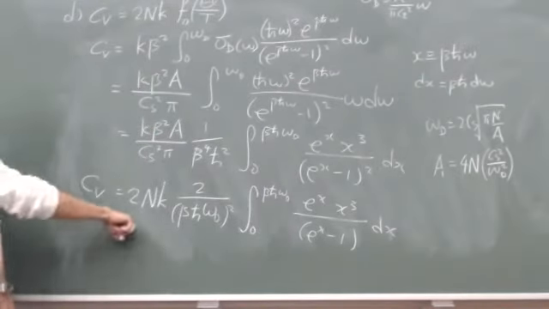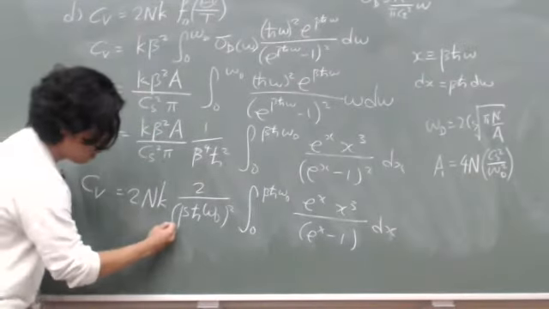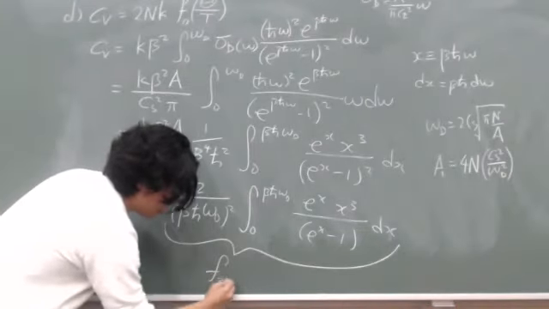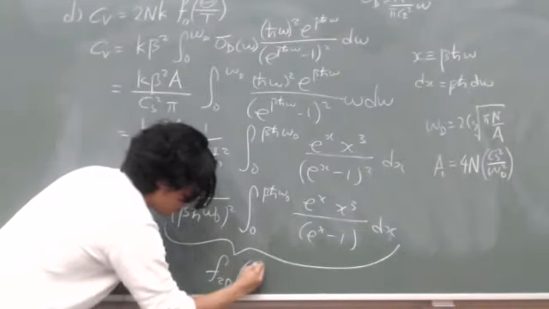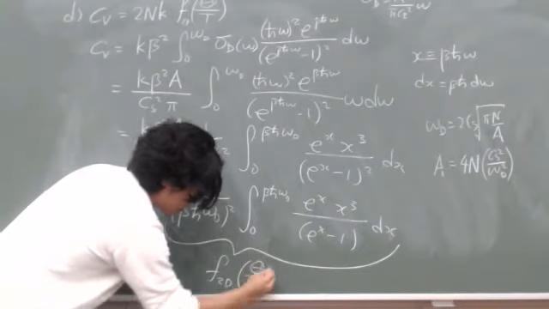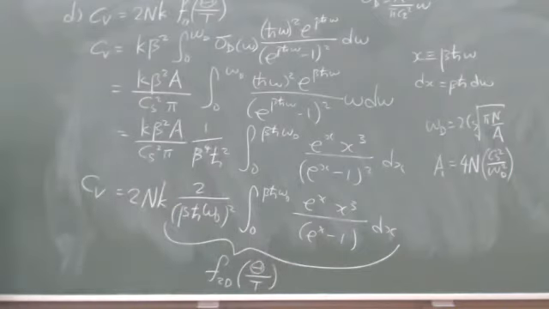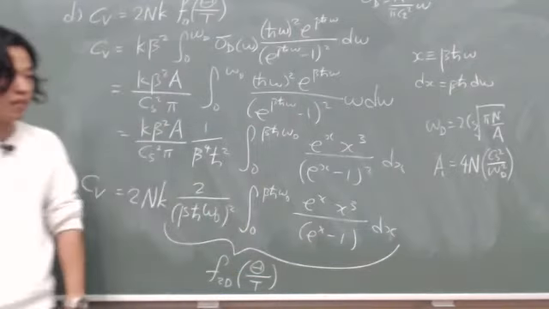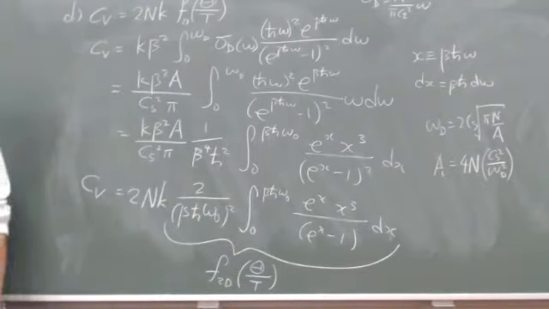If you compare this back to what we started off with, this whole thing back here is your F2D of theta divided by T, except your theta divided by T is implicitly defined in the betas and x's in there.